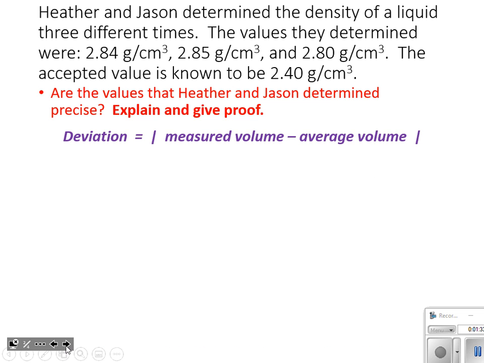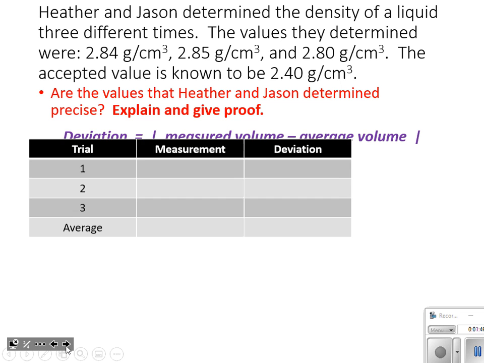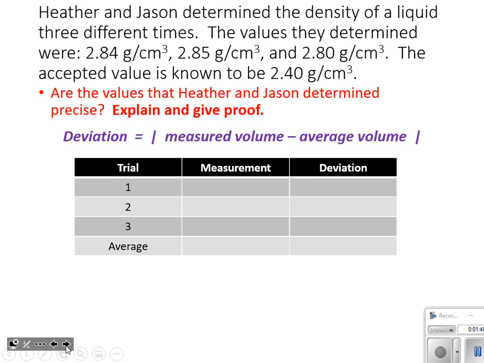So, deviation is the measured value minus the average value, the absolute value of that. So we should never get a negative number. As I do this, I just put this little chart in here. You don't necessarily need a chart, but on the first one, my measurement was 2.84 grams per cubic centimeter.